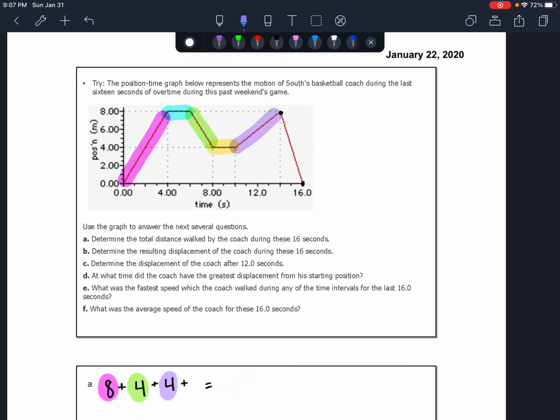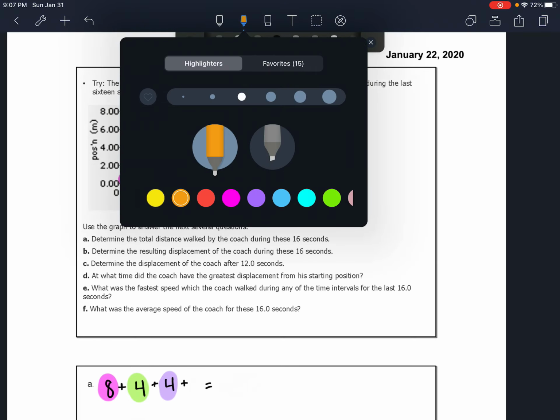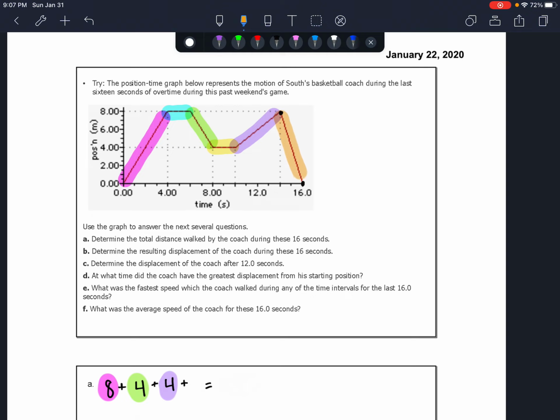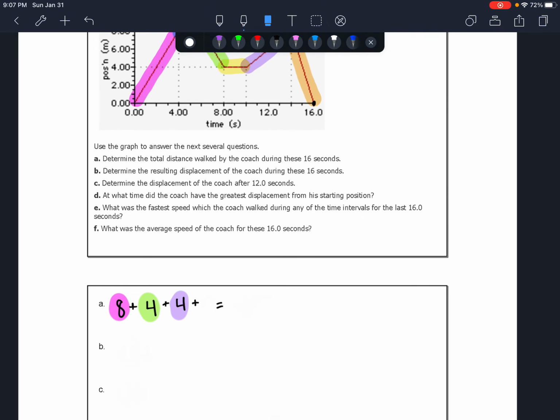And then at the last moments of the game, from 14 seconds to 16 seconds, he traveled from 8 meters to 0 meters, meaning he traveled a distance of 8 meters. So when I add all of these distances up together, I end up getting a total distance of 24 meters.